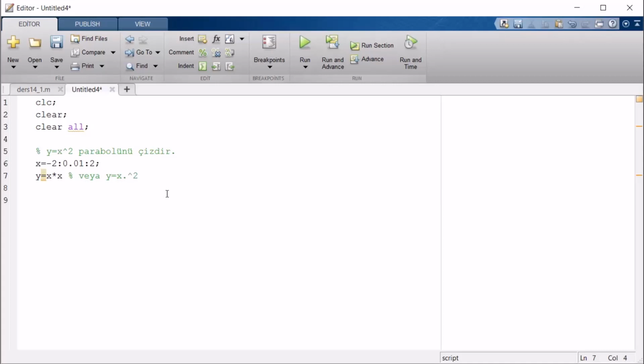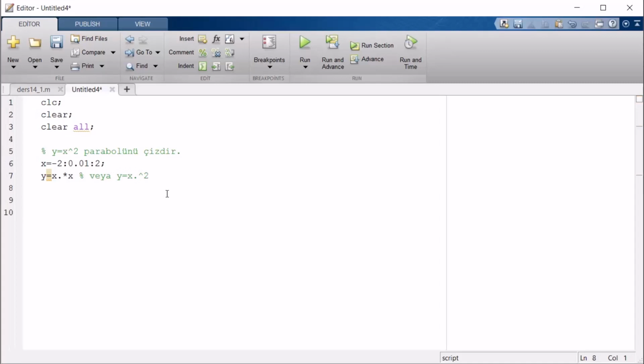I will do it with both, but the important thing is to have a dot before multiply. In other words, because it is a product of an array and another array, so it is a one-to-one product, we put the dot. This is the logic of the event, okay guys?